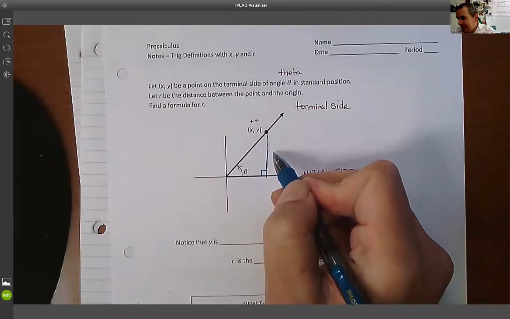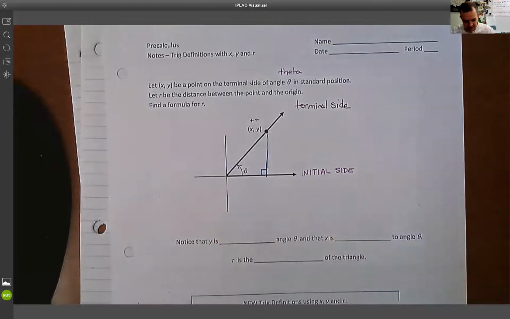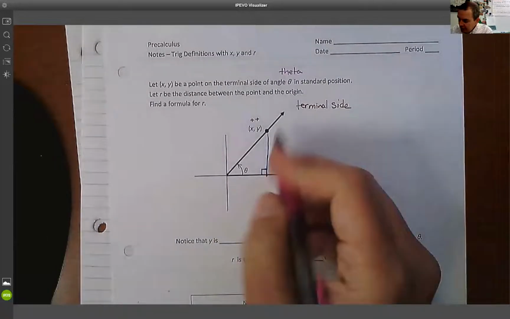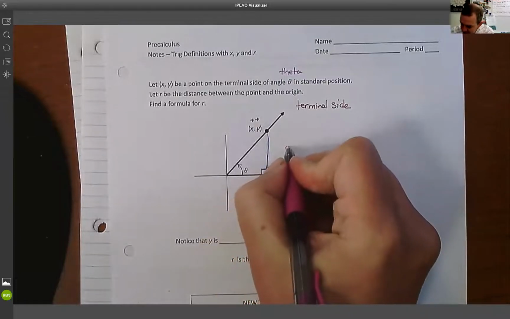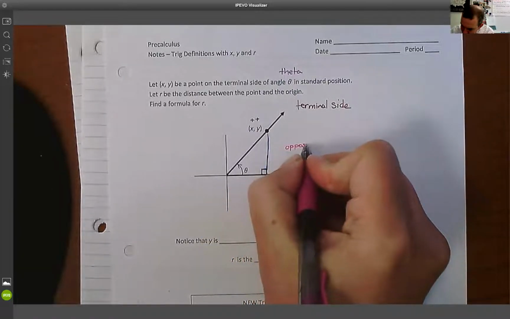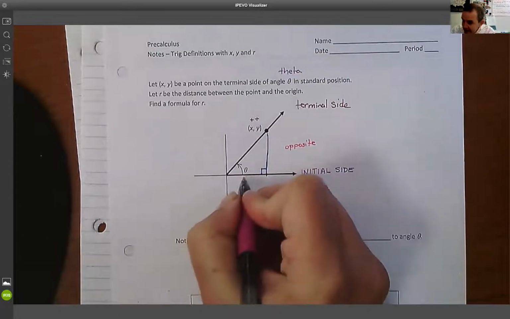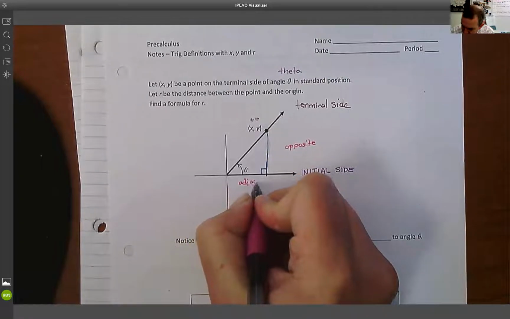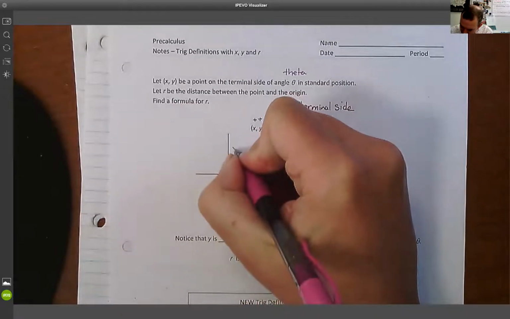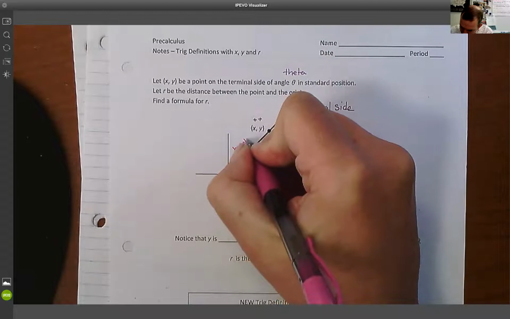Really, I have an opposite side and I have an adjacent side, because again, what we talked about, the side that was across from the angle, this theta, is always going to be called my opposite side. The side that's next to it that makes it up is called my adjacent side. And then this side here that's across from the right angle is always called the hypotenuse.